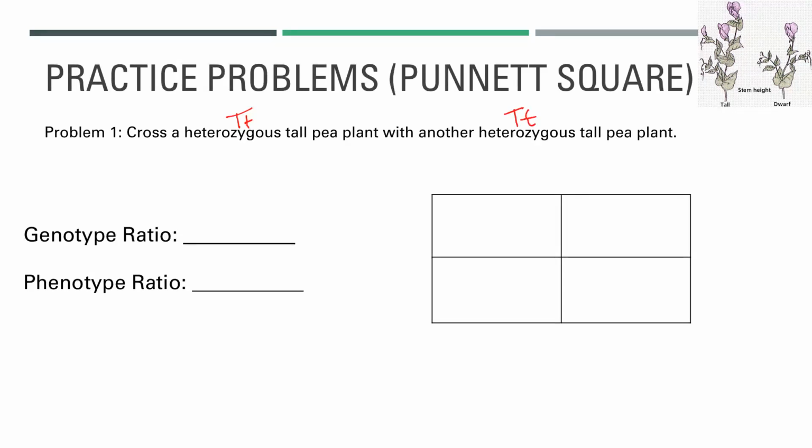So what we can do then is use this Punnett square by separating our different alleles and placing them on the side here. We'll put our one allele here for the one parent. This parent right here is going to go down here, so this parent will come to this side of the Punnett square.